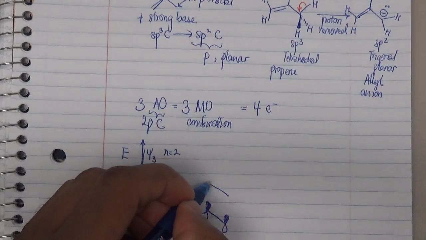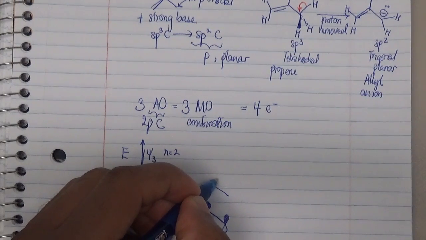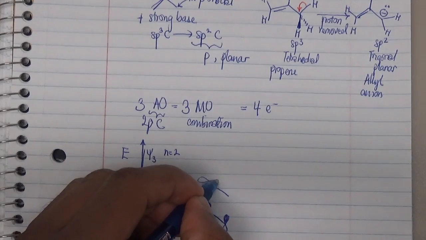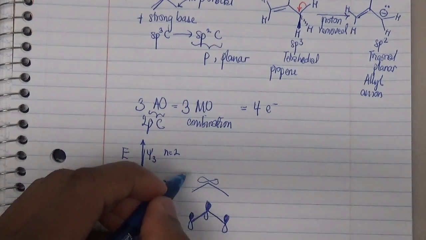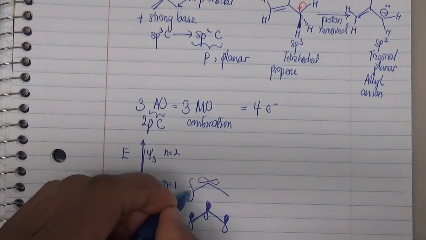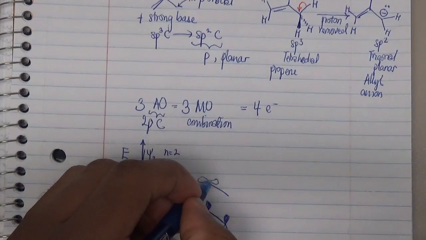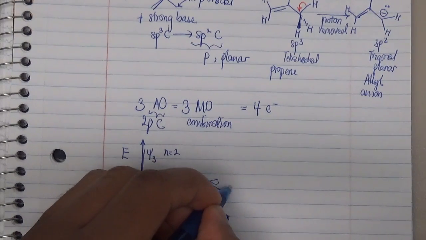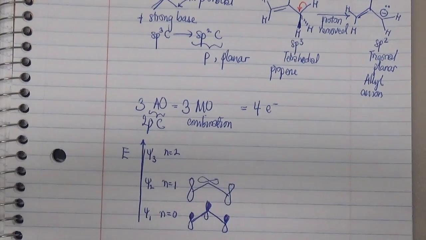Now what happens here is that there is a non-bonding case, where there's an orthogonal case where this orbital here is orthogonal to this particular orbital, and this orbital over here is also orthogonal to this other side over here.